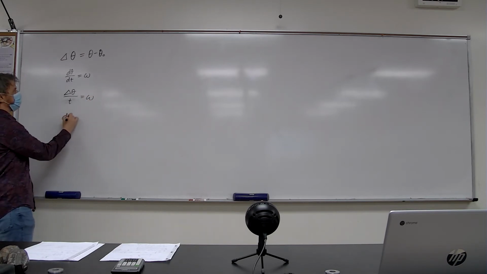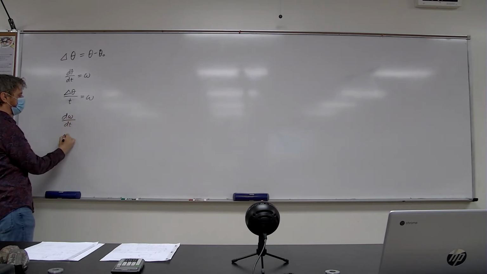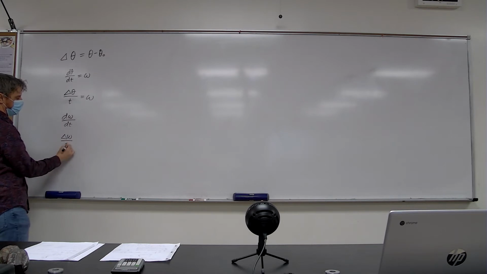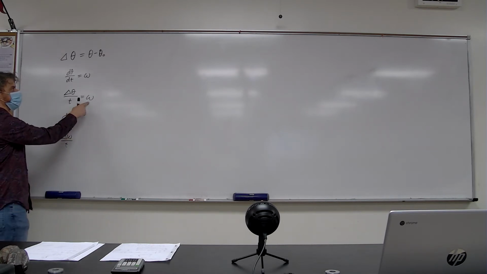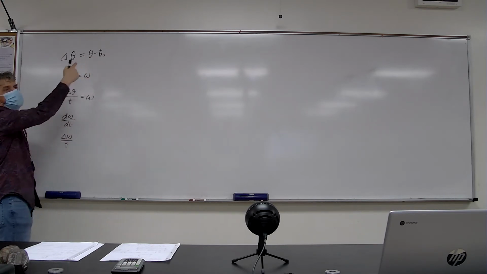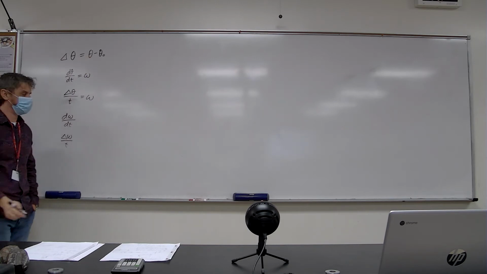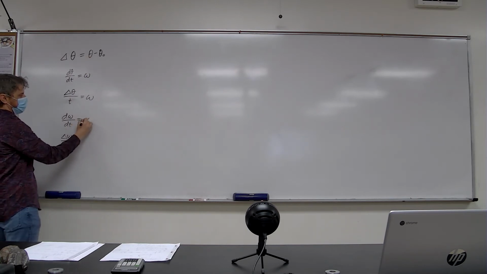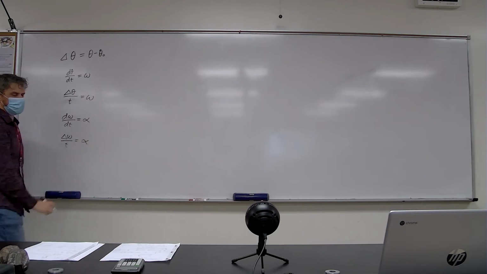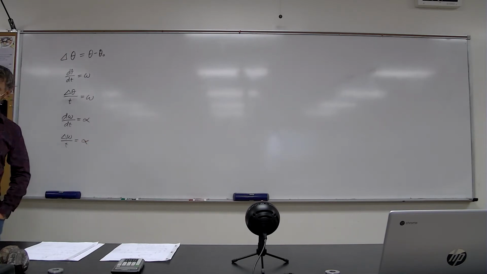And as we talked about, d omega dt or delta omega over delta t or just time interval, that's angular acceleration. This is angular velocity. Theta is essentially angular position, right? And this is angular acceleration, which is lowercase alpha, which is like the fishy. Many people call it fishy.